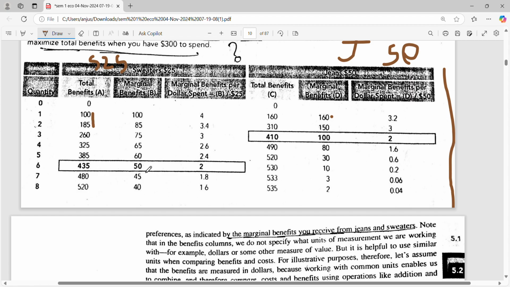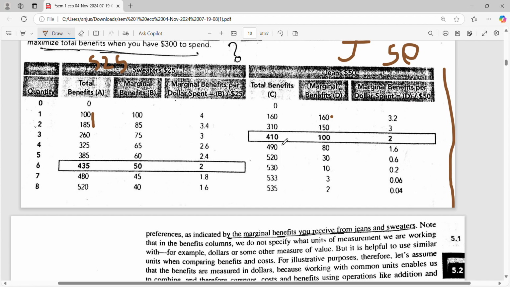But for the seventh, you are done. Here you can see the marginal benefits per dollar spent. For the seventh option, it's going under 2, so you skip it. You just stop with the 6 sweaters.